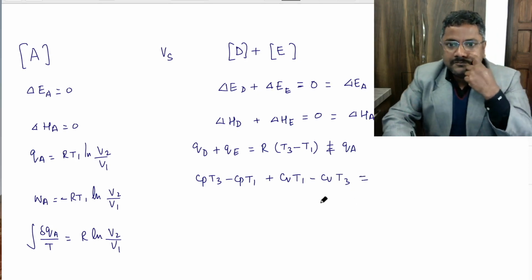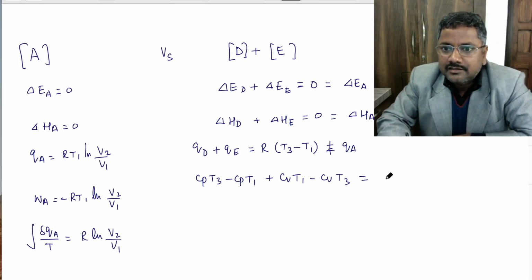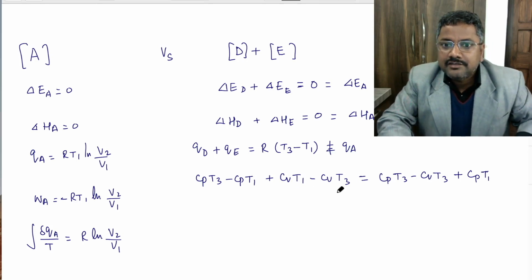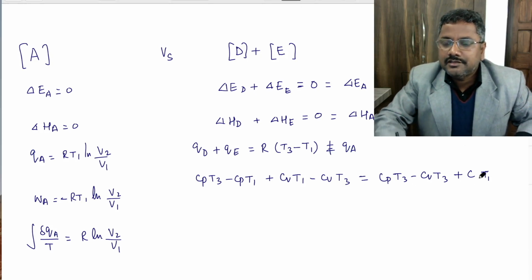This is equal to CP T3 and CV T3, we can write CP T3 minus CV T3, and plus CV T1 minus CP T1.